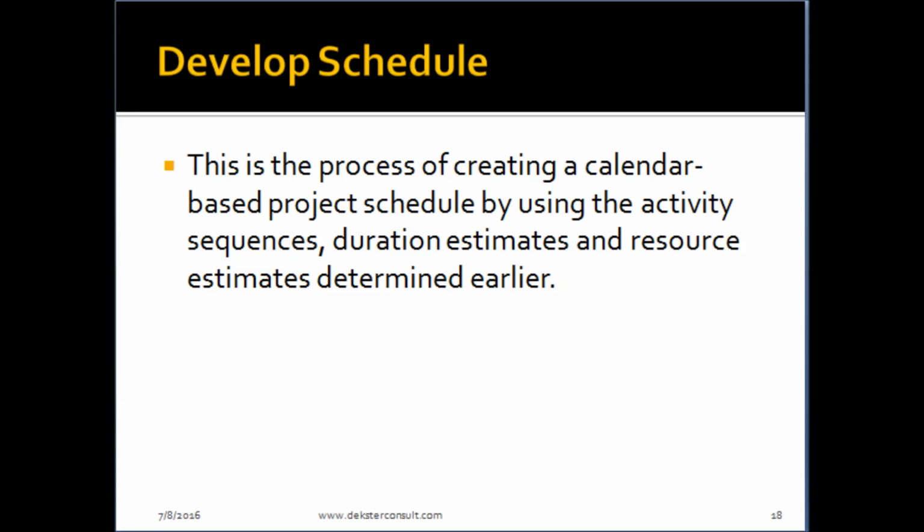And the main reason for all the previous processes is this process, develop schedule. This is our main focus of time management, to be able to arrive at a schedule for our project.